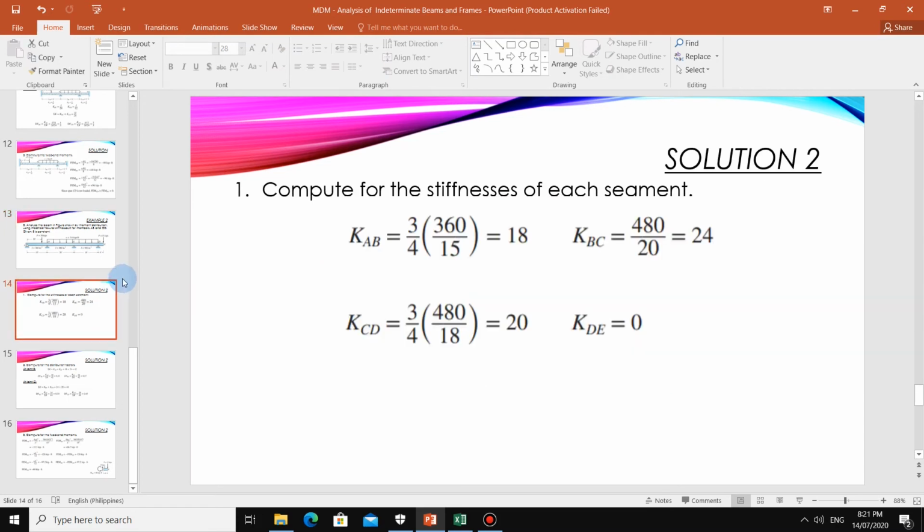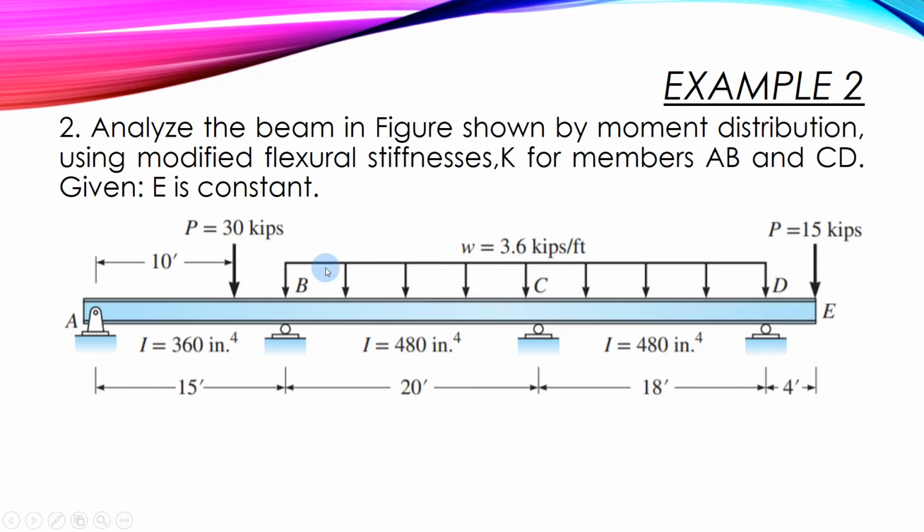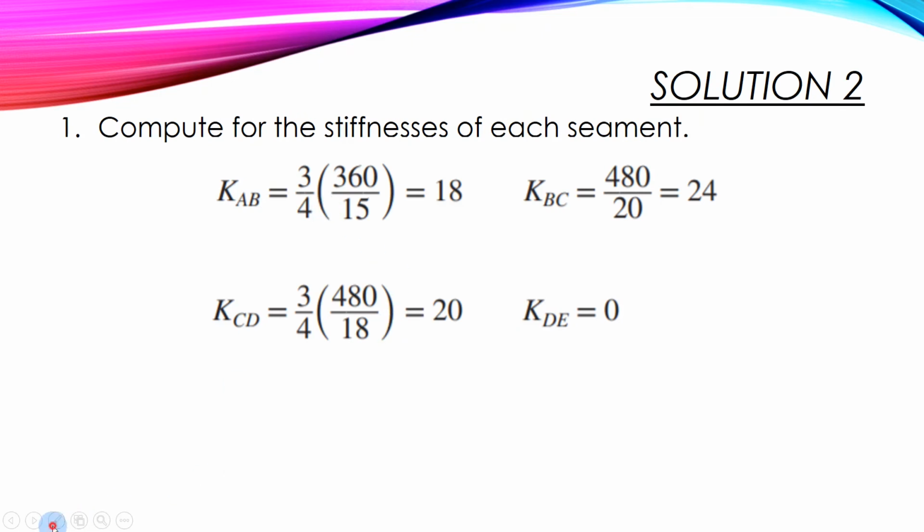Okay, so first, compute the stiffnesses of each segment. This is the first answer to the question, how to modify. You modify the stiffness by simply multiplying the stiffness by 3/4 or 0.75.